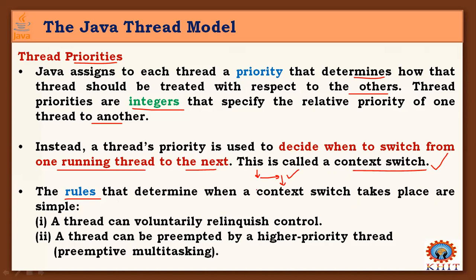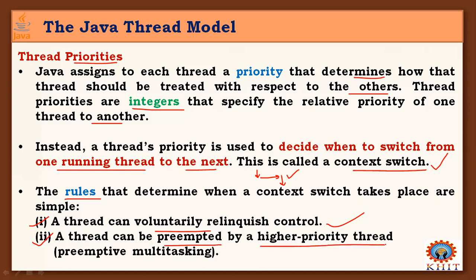So there are two simple rules that determine when a context switch takes place. The first one is that a thread can voluntarily relinquish control. That means the thread itself takes an action to change its state during execution. Another one is that a thread can be preempted by a higher priority thread.